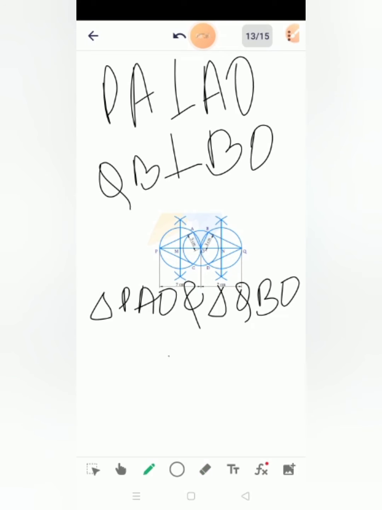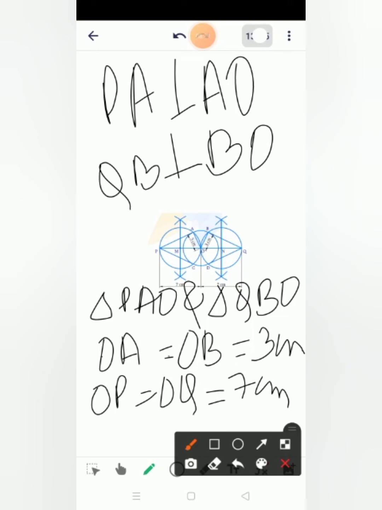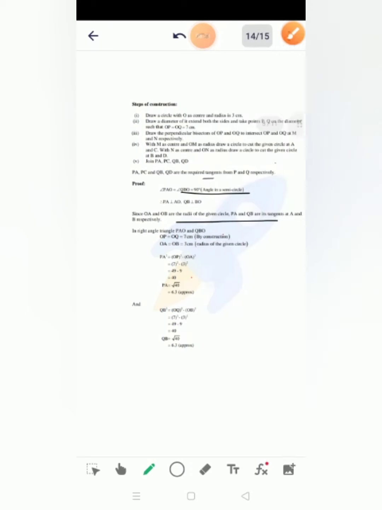Here OA is equal to OB, equal to 3 centimeter. We know this, and OP is equal to OQ, equal to 7 centimeter. Right? And you know this.